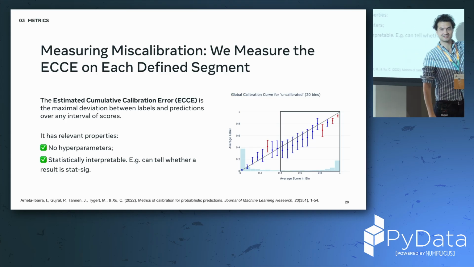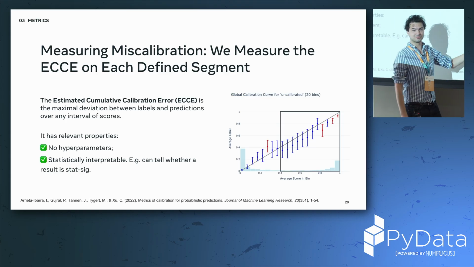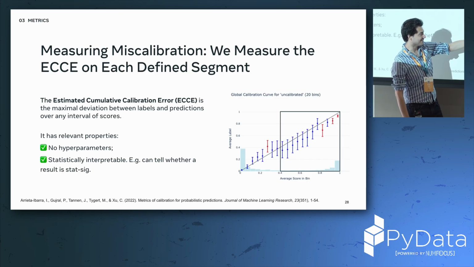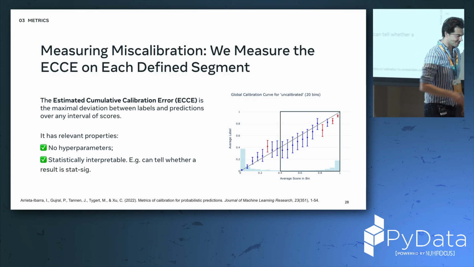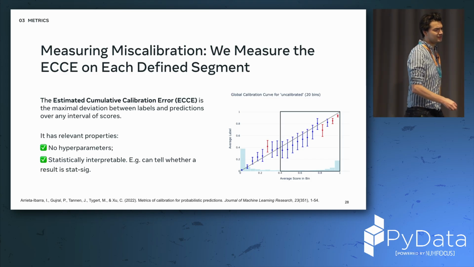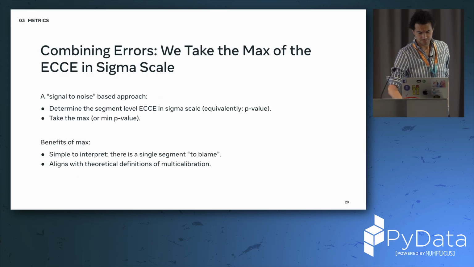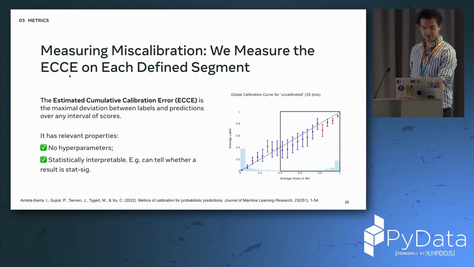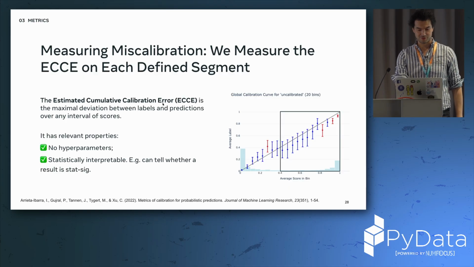In our software package, we still also make plots like this, and the main reason is that it still makes nice visualizations. It still has this grouping, and for each group we can show not just where the mean is, but also compute the confidence intervals on that group. This is how we show it in the software package, and I'll show this when we get to the notebook. The method we just mentioned with the cumulative distributions is called the estimated cumulative calibration error.